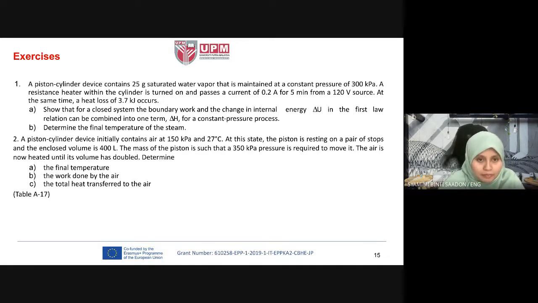This other table for the final state is Table A6.